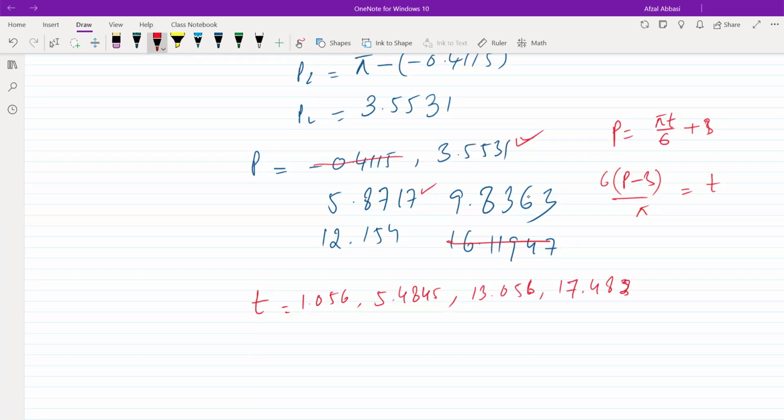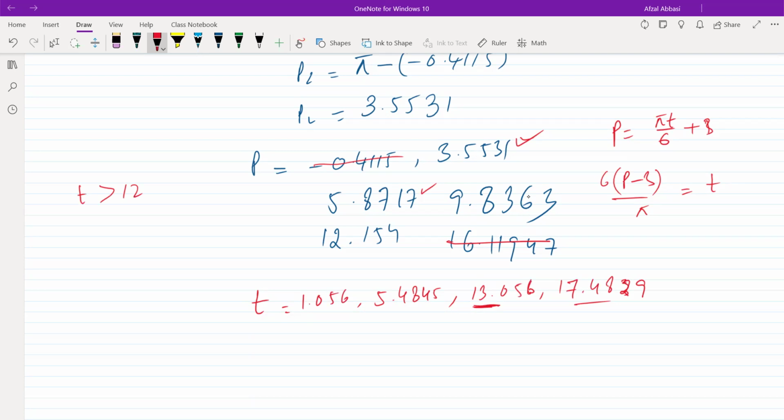Okay, now interpret the results. So we know that these are the values of t, and what is t? T is the time after midnight. So we are looking for the value of t which is greater than 12, after midday. So which time is after midday? Here and here. So this is the time immediately after 12, the first time it appears.